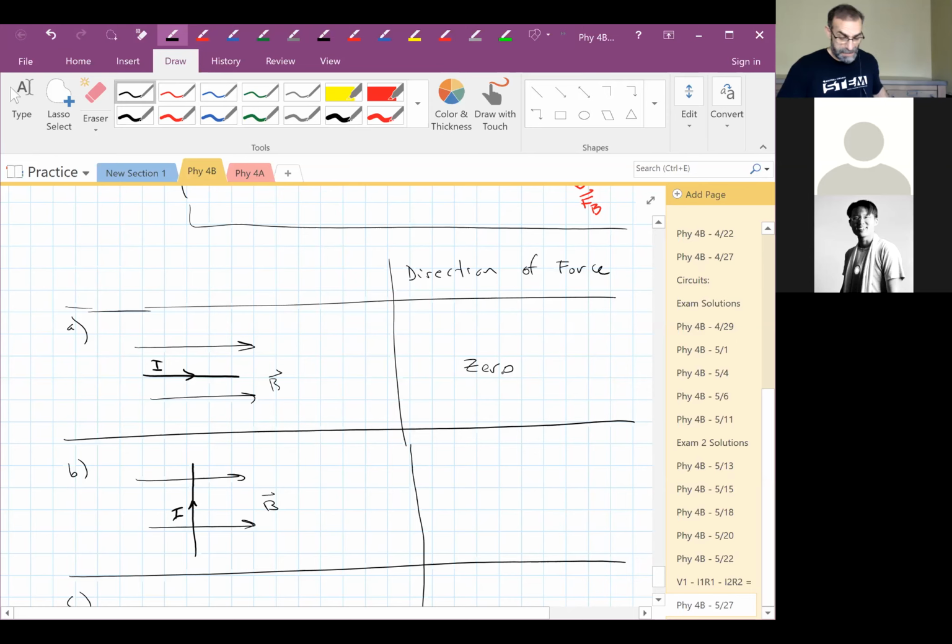There is no force acting on that wire. It's in the direction of the magnetic field.